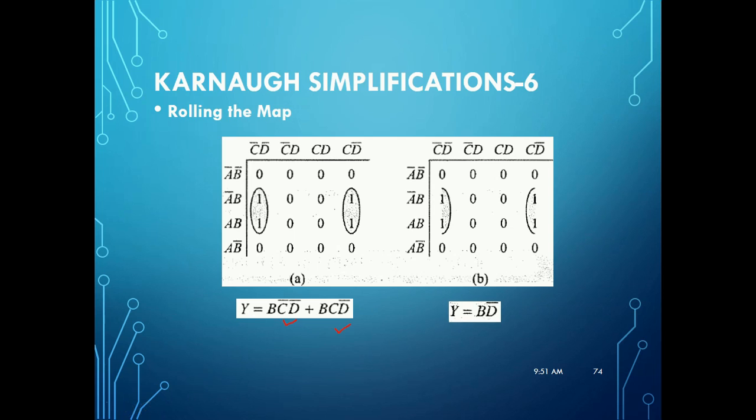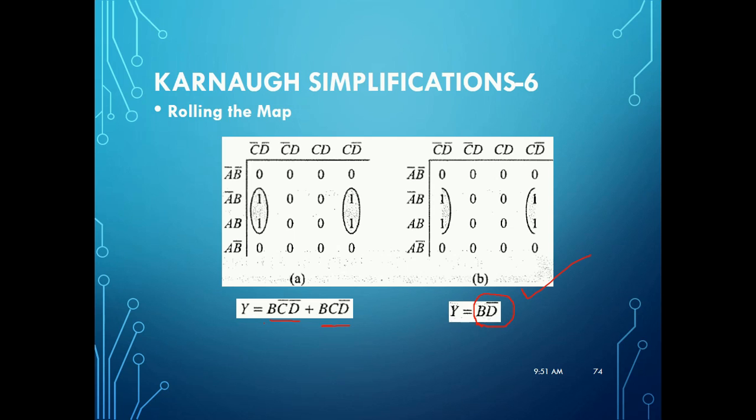Both are right, but which one is more right? The second solution is correct, because you have reduced the terms. Here you have got two terms, because separate pairings were done.